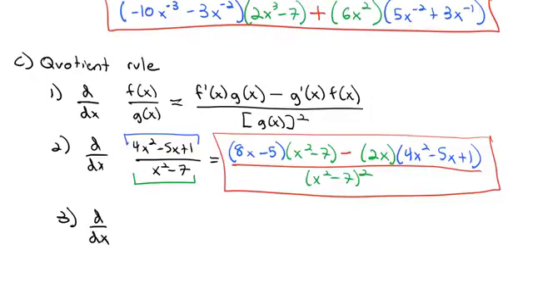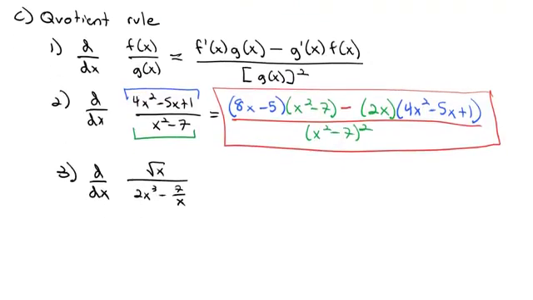Let's do another one. Let's take the derivative of the square root of x over 2x cubed minus 7 over x. One thing you might notice right away, let me buy us some whiteboard space, is that we need to rewrite that so it's that friendly polynomial so we can use our exponent trick.